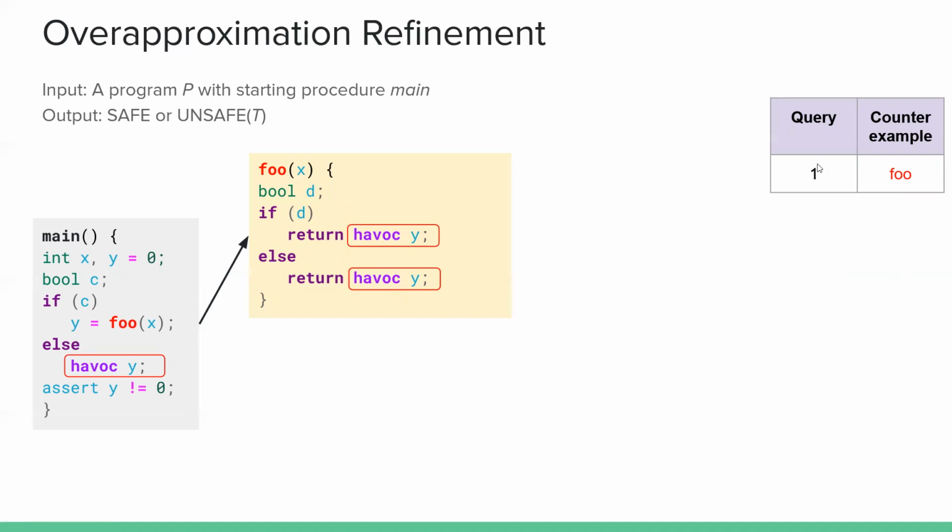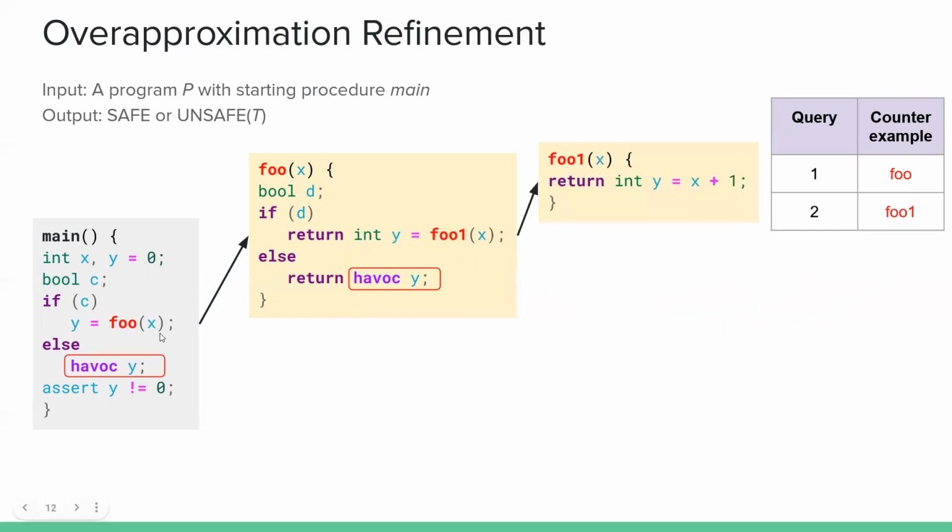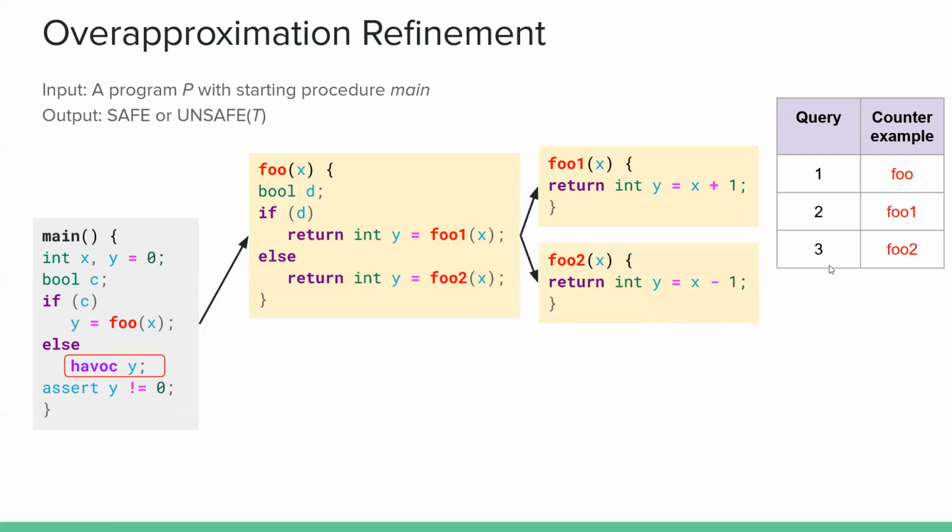In the first over-approximation query, the counterexample had foo, so we inline it. Next, in the second over-approximation query, again we can find one counterexample trace which goes through foo1. Therefore, we inline foo1 again. Similarly, we will find another counterexample trace which will go through foo2, so we inline foo2.